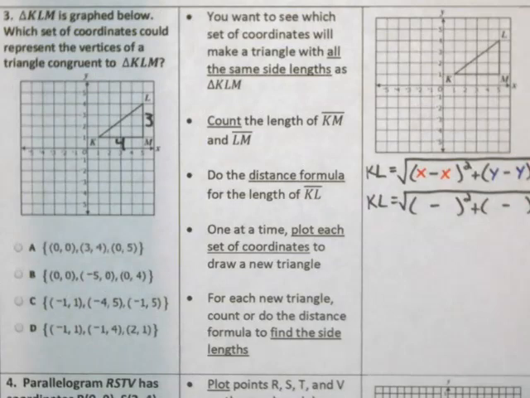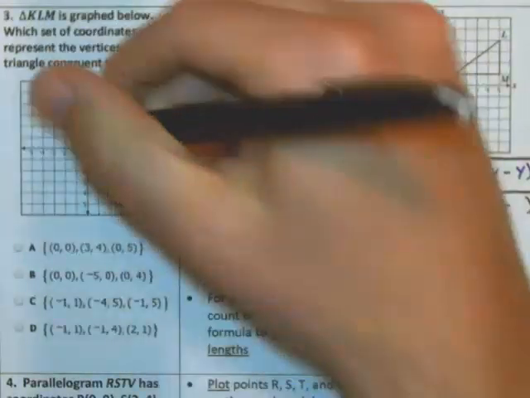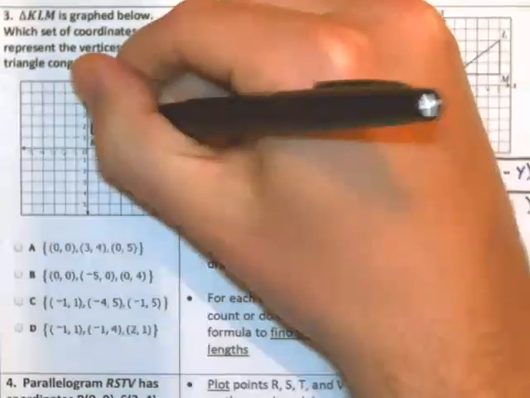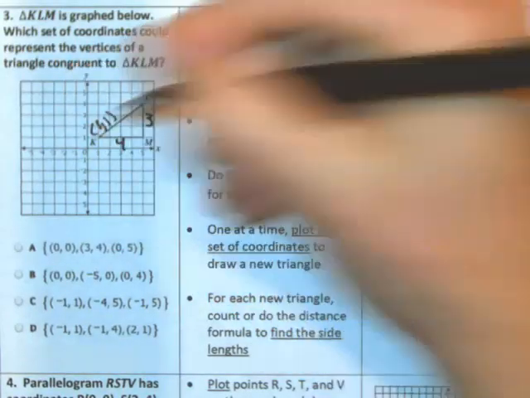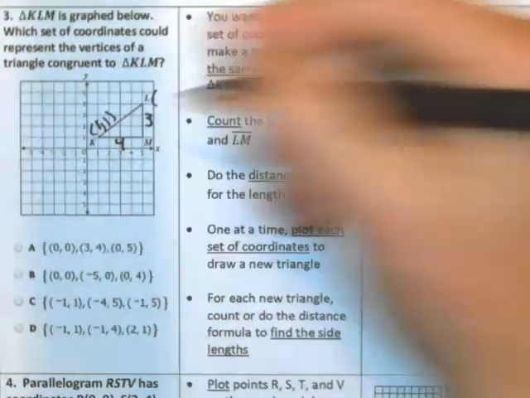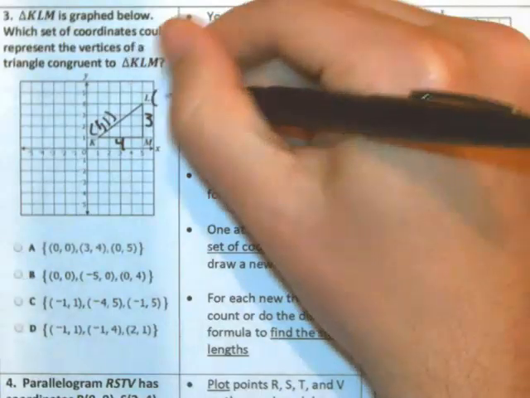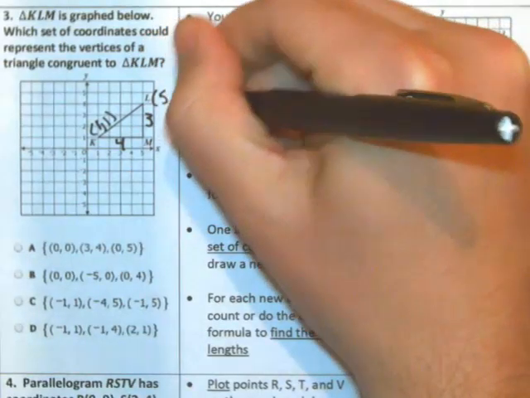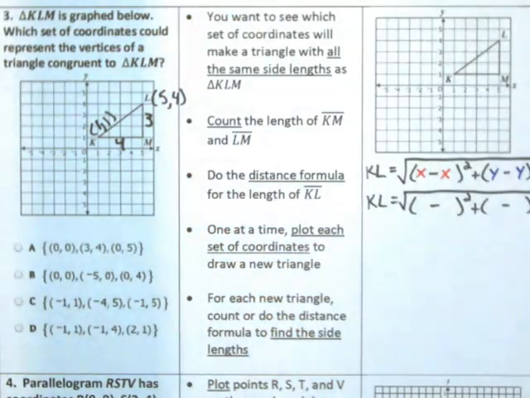All right, so now I'm going to need some coordinates to substitute. So I'm going to go over here to K, and K is 1, 1. L is 5, 4. Let me do a quick color code.